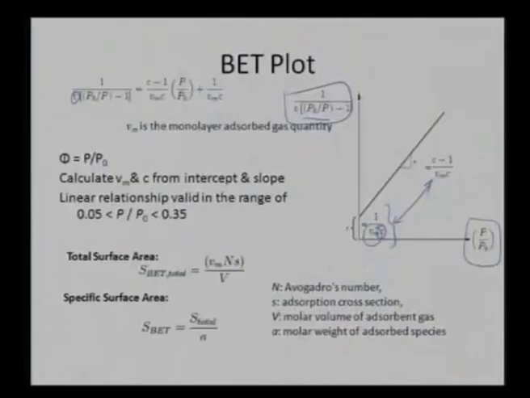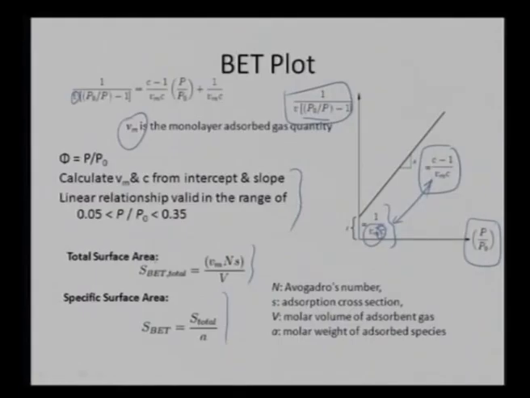So from that we can always calculate the overall reduction in energy and also the overall gas quantity which is now adsorbed on a particular surface. And from these intercepts we can calculate the overall surface area, and we can also calculate the specific surface area from this particular technique.